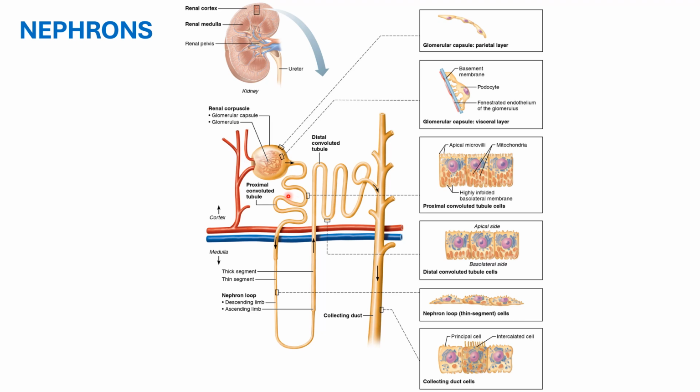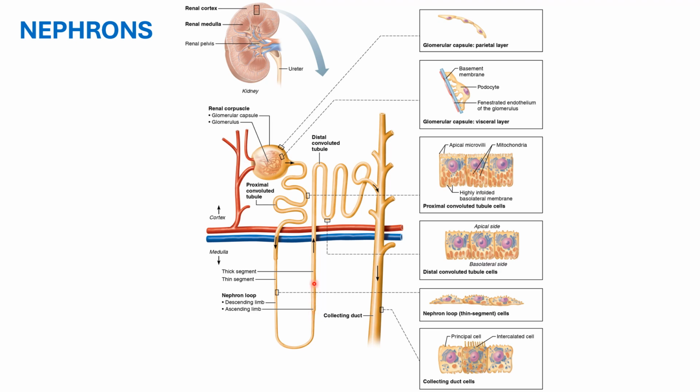This is the tubular part. The first portion is known as the proximal convoluted tubule. As you can see, it is very bendy, so it is convoluted. And then this is the thick segment or the descending limb. And then this is the loop of Henle. This is the descending limb of the loop of Henle, and then this is the ascending limb of the loop of Henle.